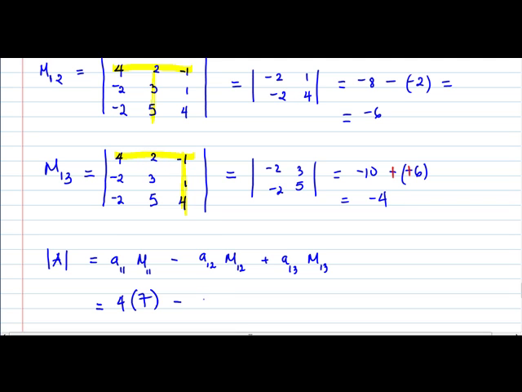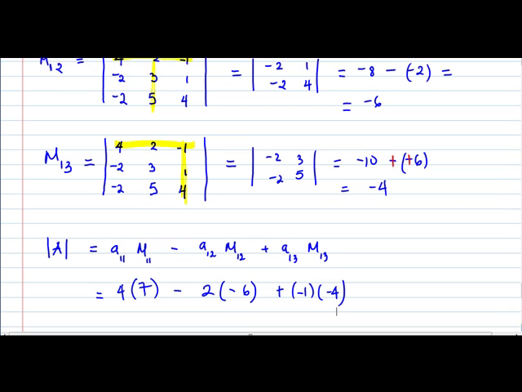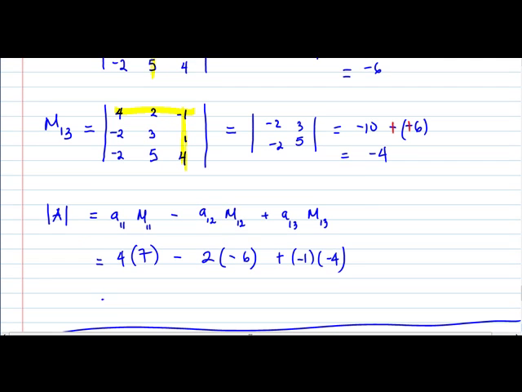So therefore I have 2 times this, which is -6, plus this guy, which is -1, times -4. So I have 28 plus 12 and then plus 4, which is equal to 44. This is our answer.